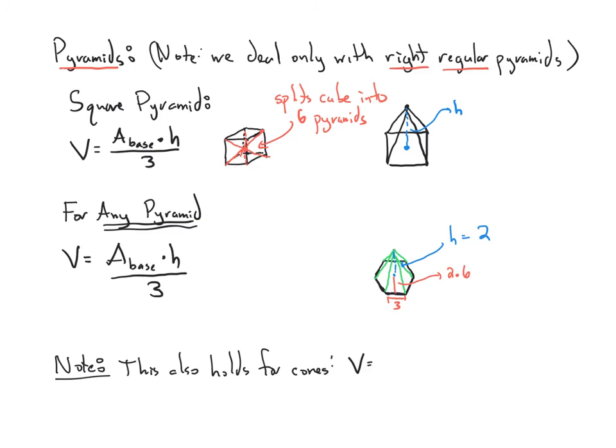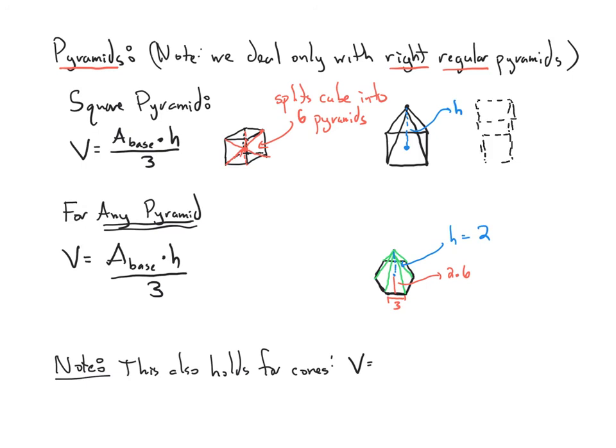A lot of people mix up the formula for prisms and pyramids, but remember that with the same height and the same base, well, prisms have 2 bases.